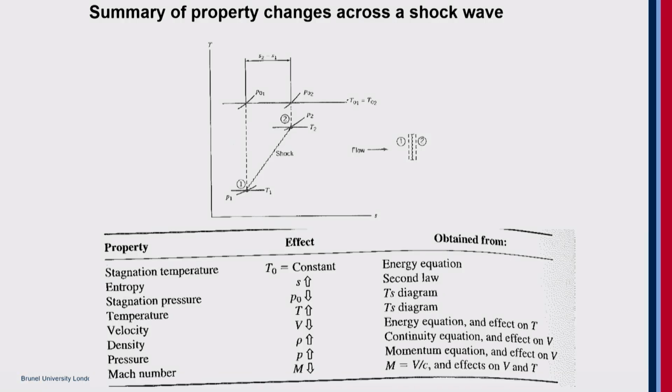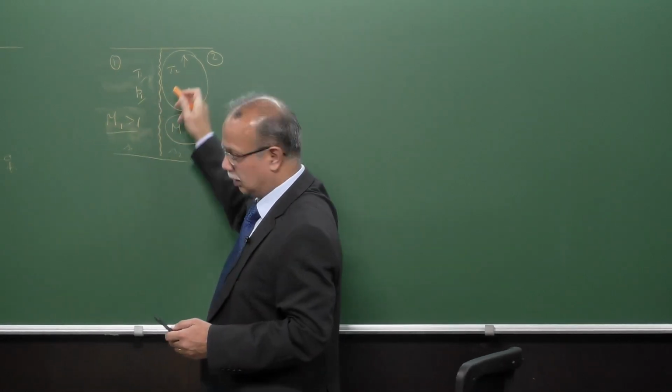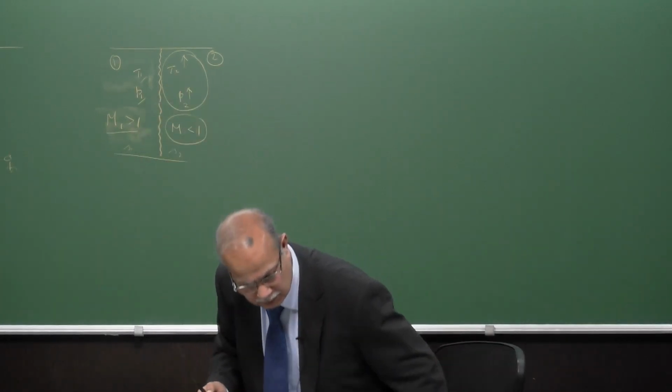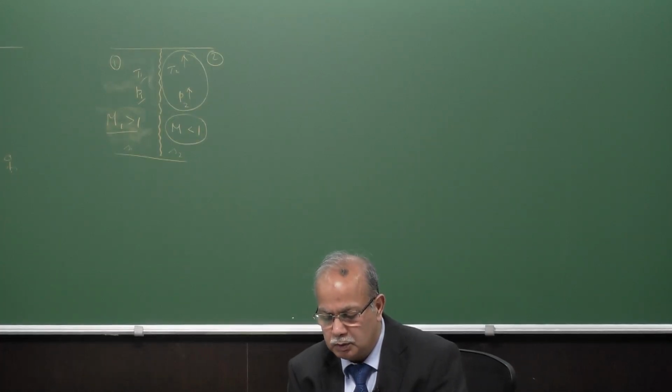Now let's look at how the properties change. Initially, this is the situation here. This is point 1, and this is point 2. Here is the pressure and temperature, and when the shock occurs, you can see that the static pressure jumps spontaneously from here to here.